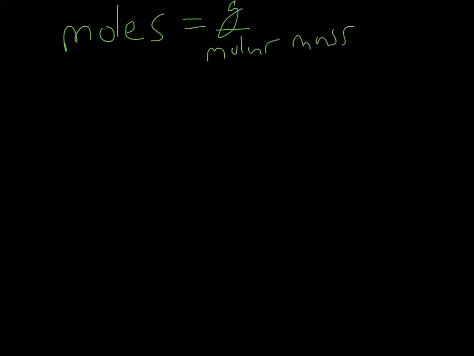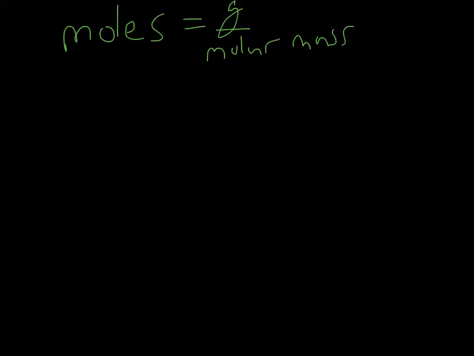Most of these, like this one, which is going to tell you the moles is equal to grams over molar mass. You can find that out pretty easily just by shuffling the normal equation that we have down, which is grams over moles equals molar mass. But if you just would prefer to memorize another equation, there it is for you.